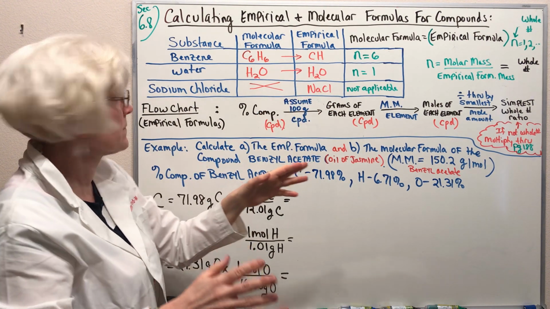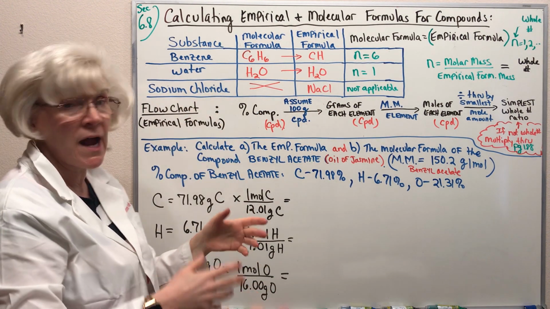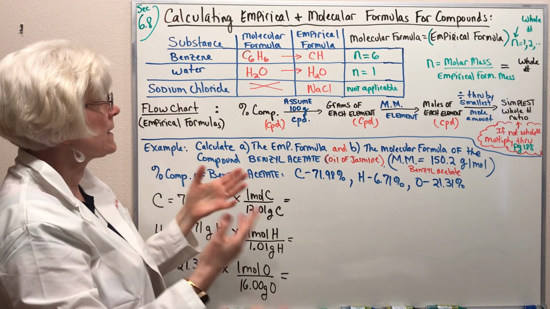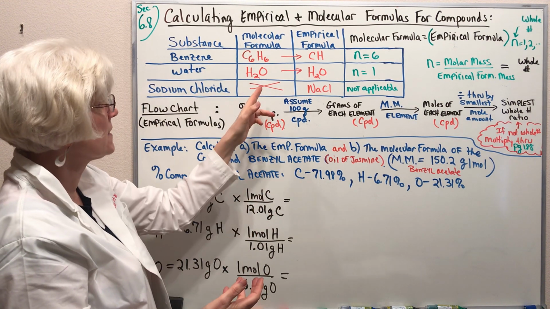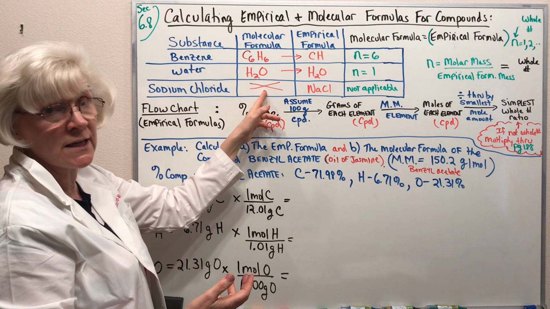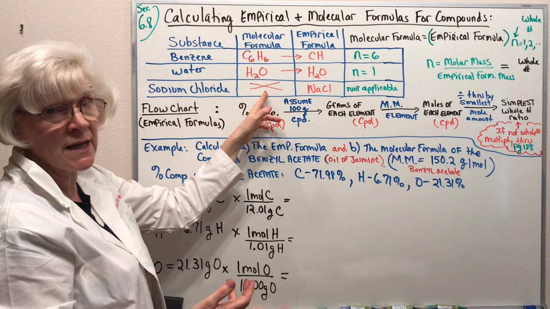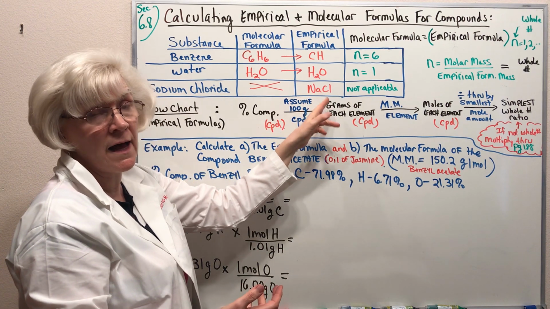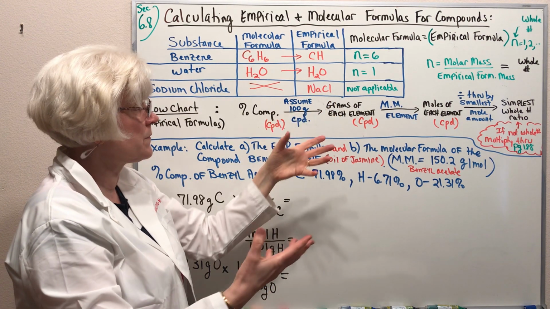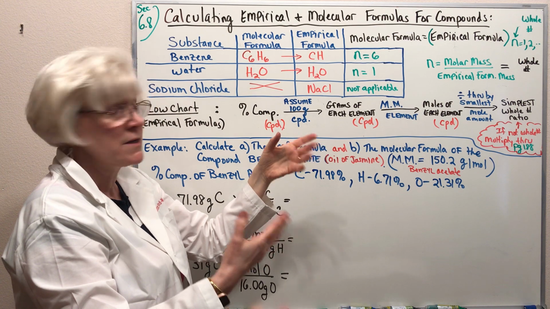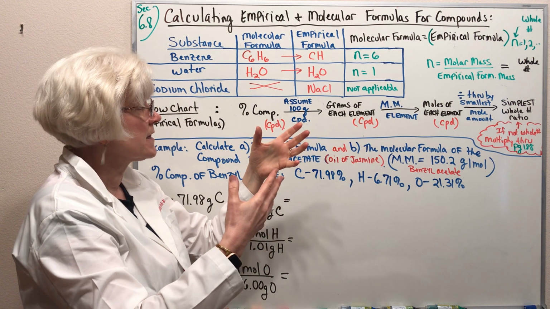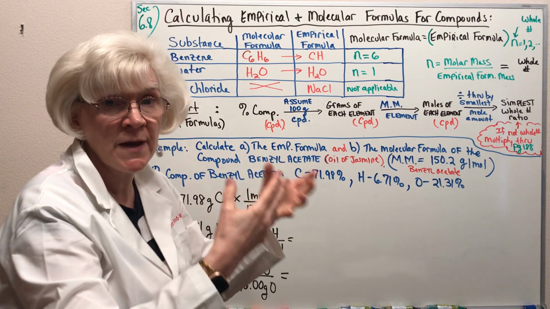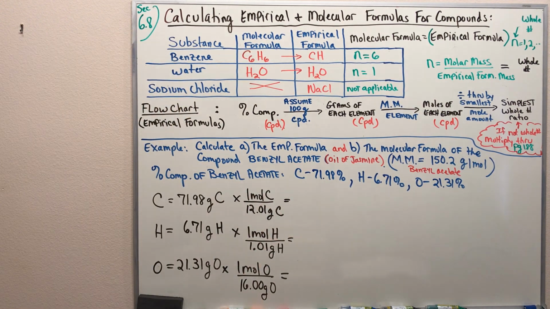are both the same. Sodium chloride, table salt, is not a molecular compound. It's an ionic compound. So the concept of molecular formula does not apply to it, and I leave it blank. All ionic compound formulas are empirical formulas. So remember, we discussed that sodium chloride is this huge 3-dimensional array.